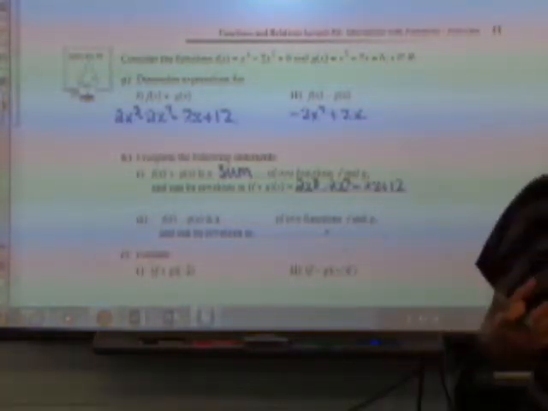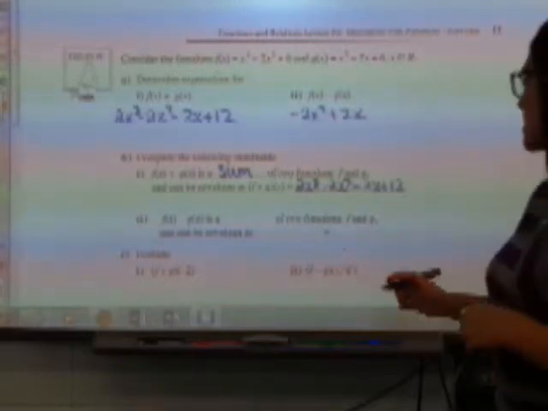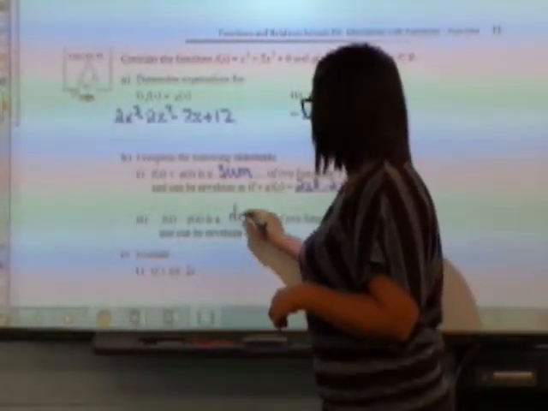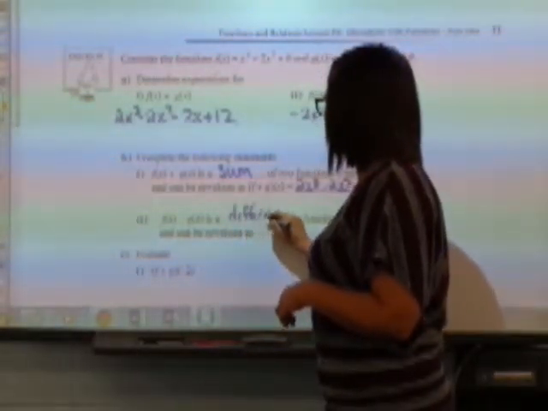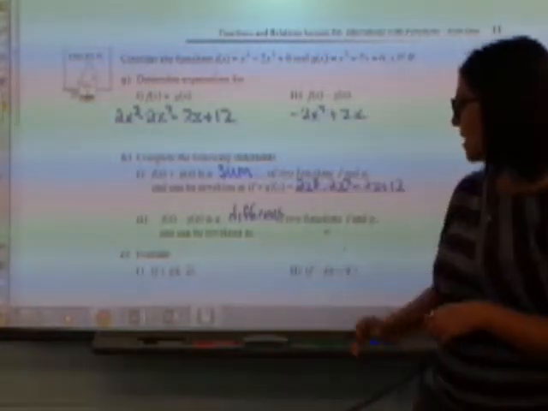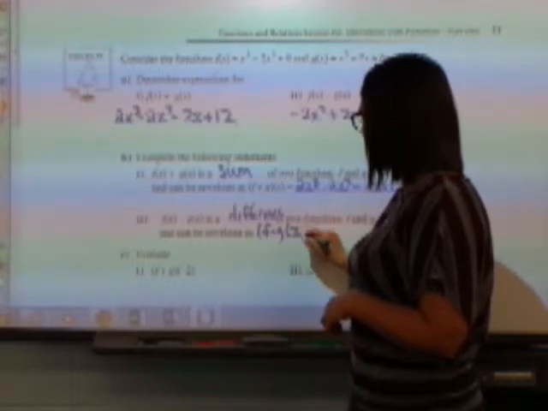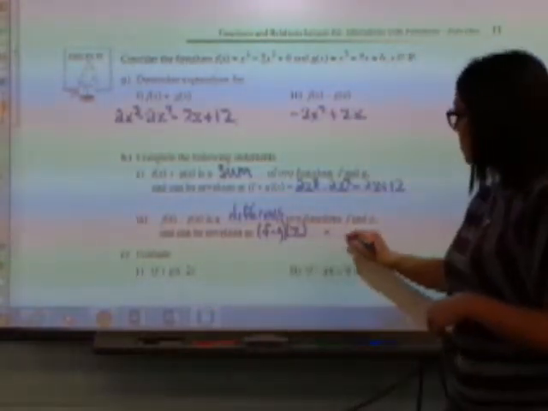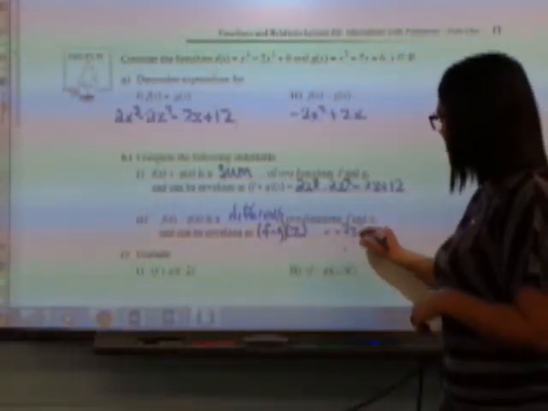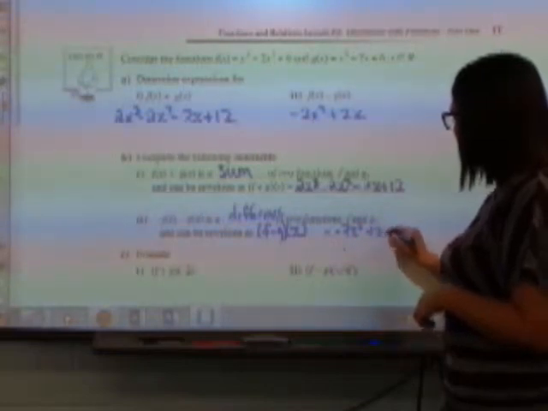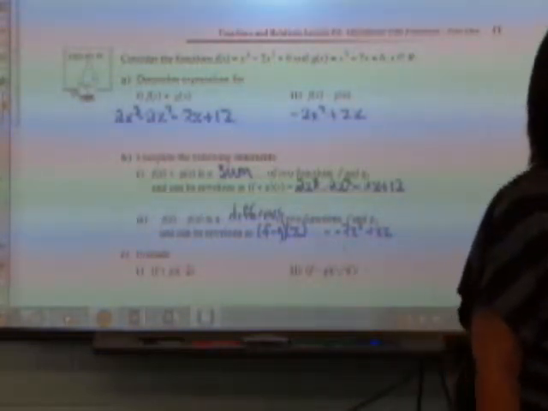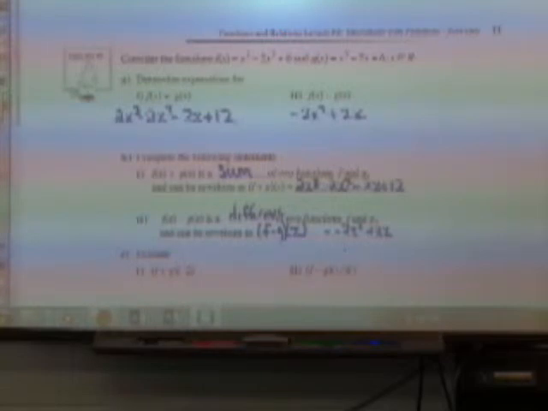And f of x minus g of x is a difference of two functions and can be written as f minus g of x, which equals negative 2x squared plus 2x, which also gives us an example of a situation where the sum or the difference of two cubic functions is not a cubic function.